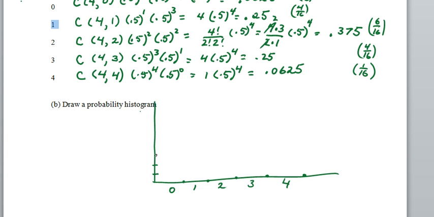So 1, 2, 3, 4, 5, 6, and we'll continue there.